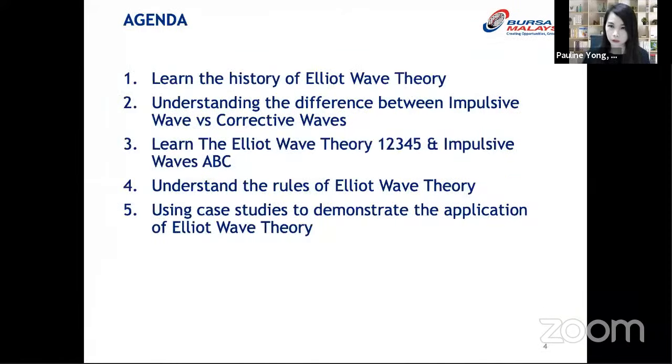Today's agenda: we're going to look at the basic history and the theory about Elliott Wave principles, and understand the difference between impulsive waves and corrective waves.